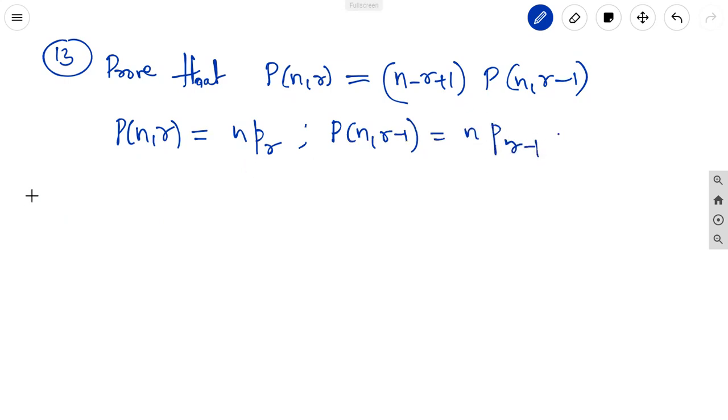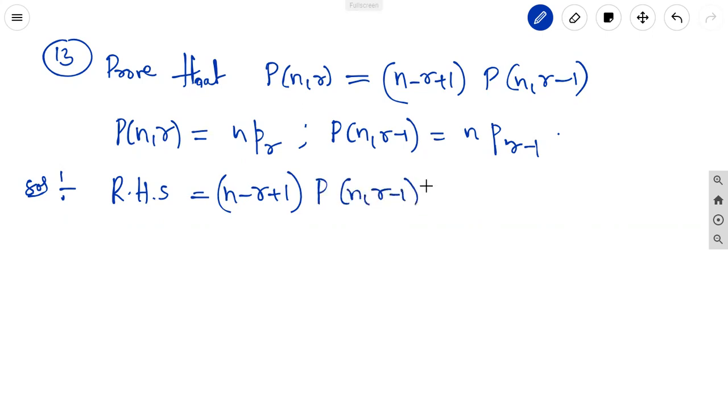Okay, take the RHS. RHS equals n minus r plus 1, that is the multiple, times P(n, r minus 1), equal to (n minus r plus 1) into nP(r minus 1).